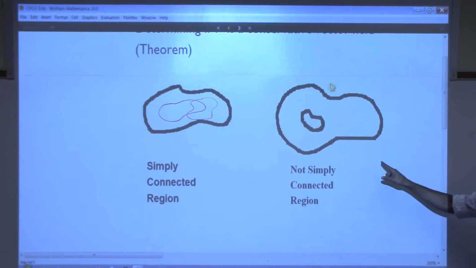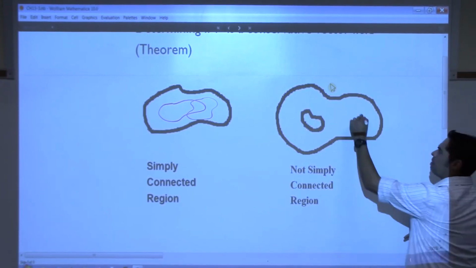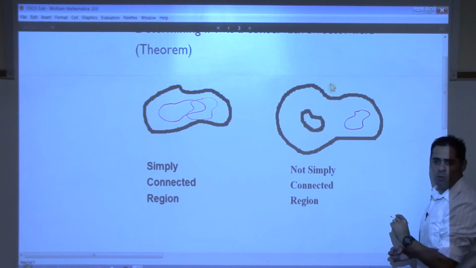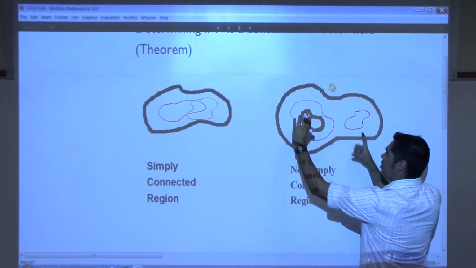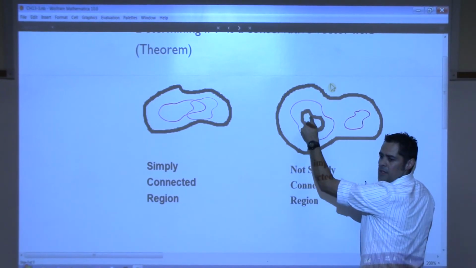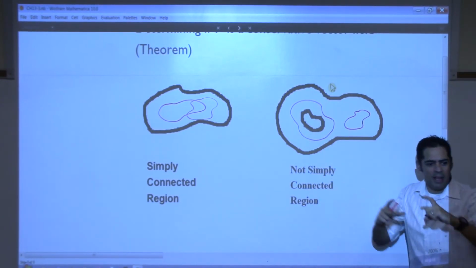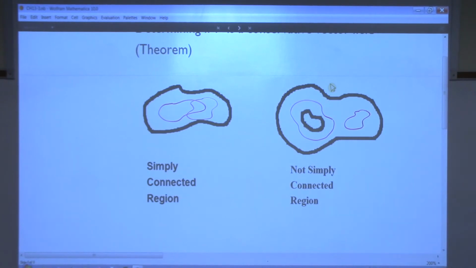This other one is not a simply connected region because, of course, if I draw this, I can shrink that down to 1 point, right? But if I draw this one right here and try to shrink it down, this is a boundary. And I can't get the curve past that boundary, so I can't shrink it to 1 point. Got it? It's a hole. It's a little donut, kind of. So that's a simply connected region. This one is not. So here's the theorem.